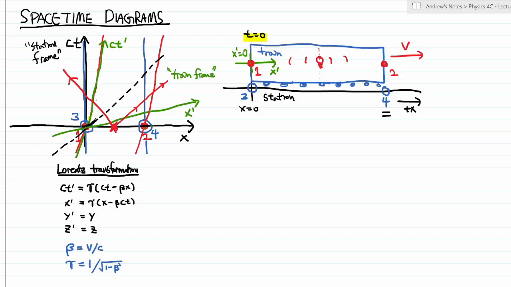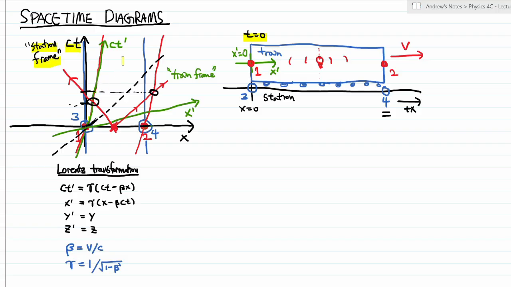And these are the events where the light reaches the back of the train, and where the light reaches the front of the train. And you can see here that these do not occur at the same time. What's important here is that these do not occur at the same time in the station frame. Their ct coordinates are different.